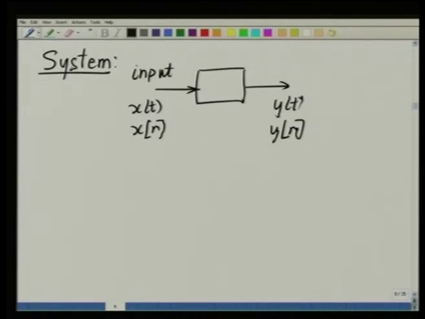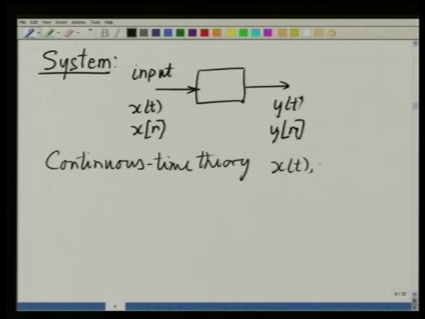One is called the continuous time signal system theory, where we consider continuous time signals x(t), y(t), where the domain is always R. The range, of course, as I said, is always C, and then we have discrete time theory.